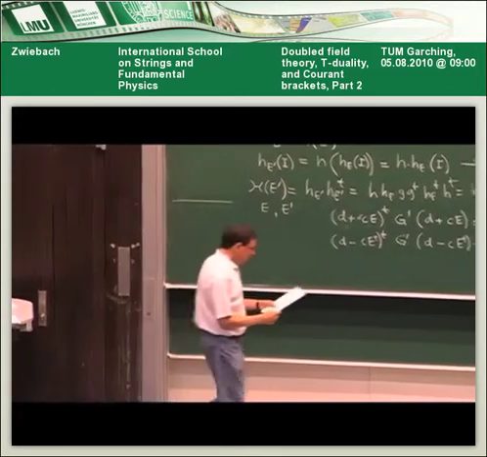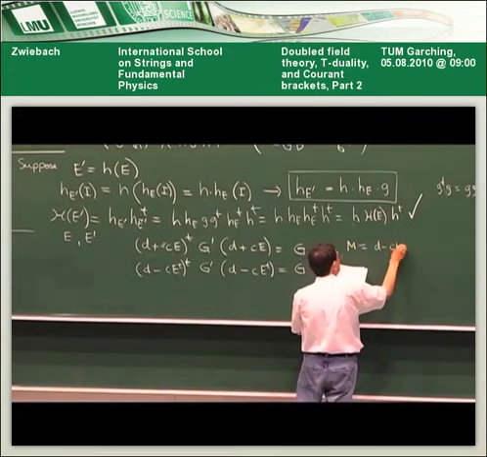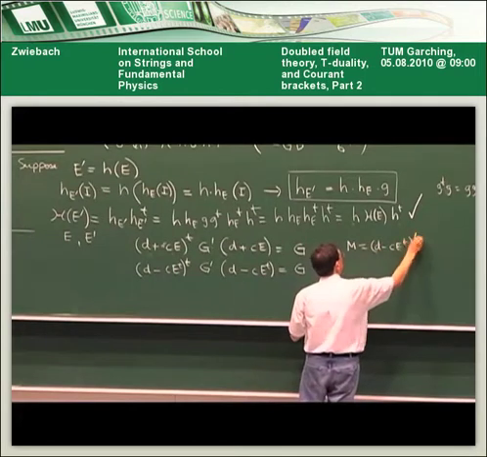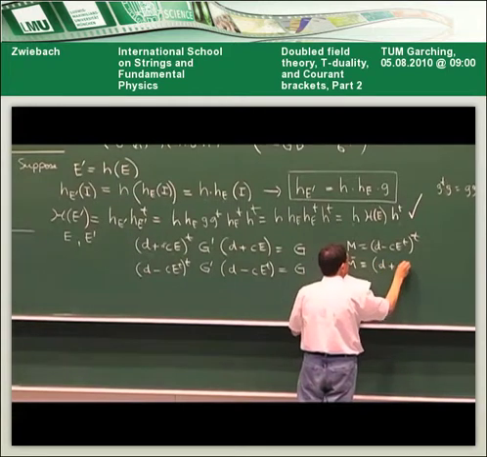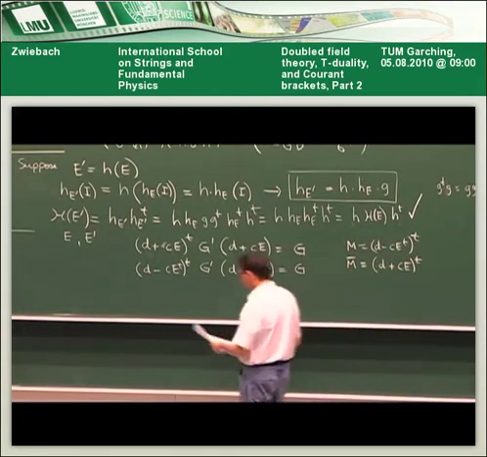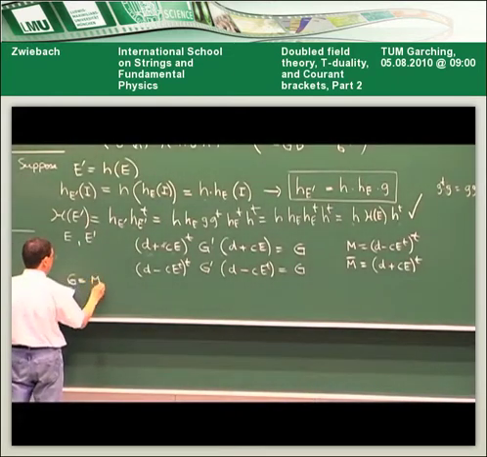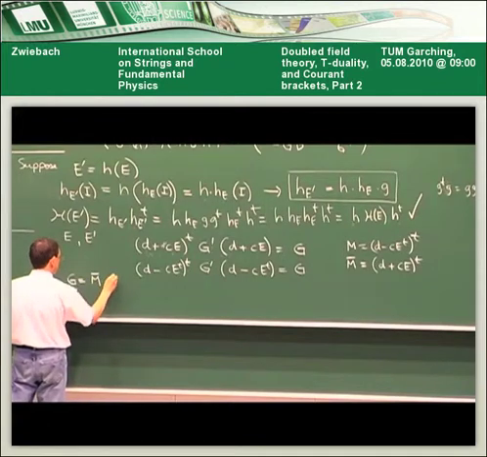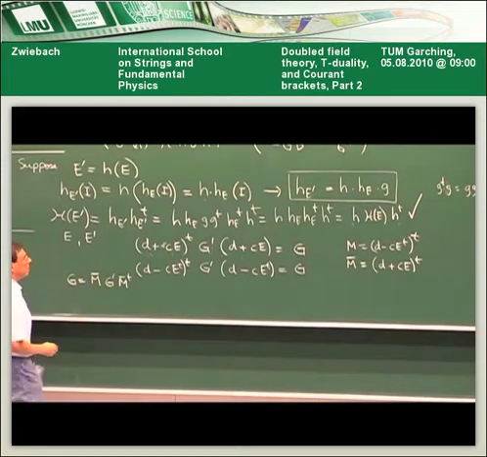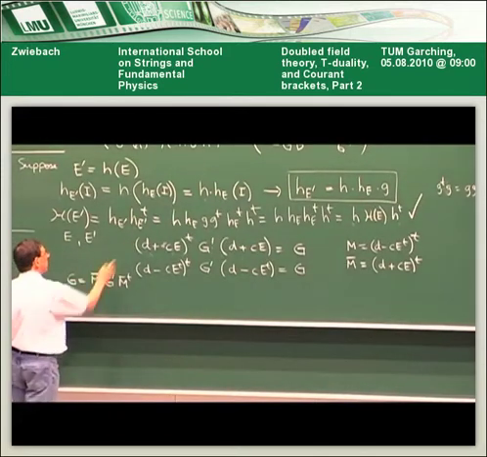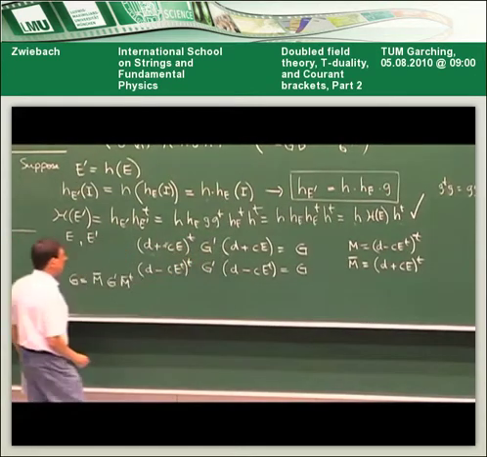So actually, to sharpen the notation, we'll introduce matrices M equal D minus CE transpose, and M bar equal D plus CE transpose, so that these relations can be written as G equal M bar G prime M bar transpose. That's this equation. And I put the left-hand side G here, and there's all these things.